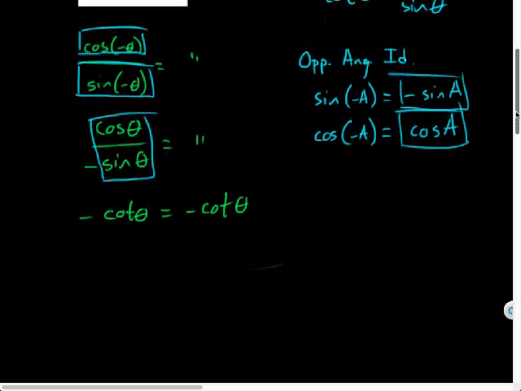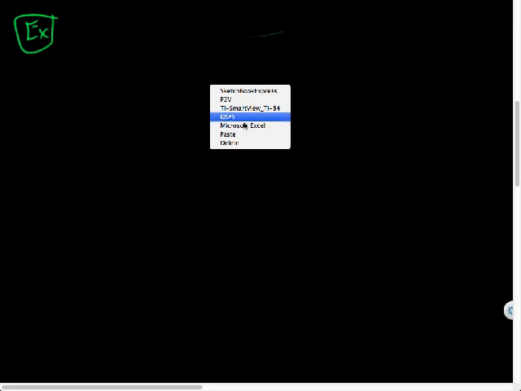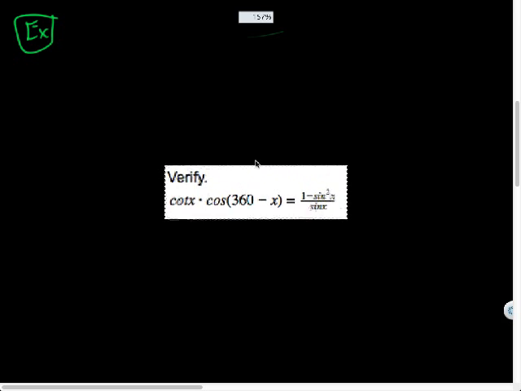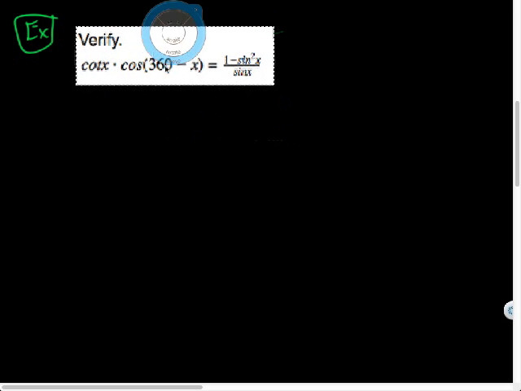So let's do another problem. Cruising right along. Here we are. Ooh, I like this one. I like it a lot. Based on that 360, we can assume that x is measured in degrees instead of radians.